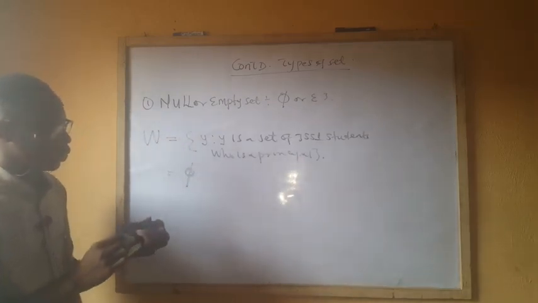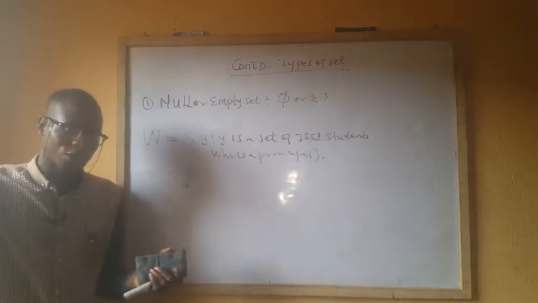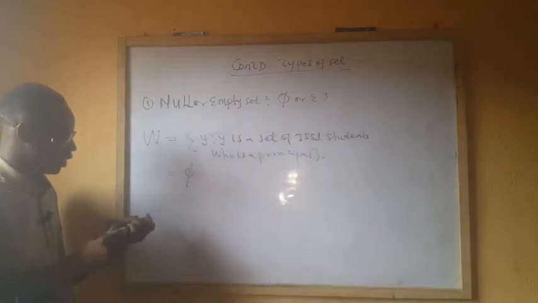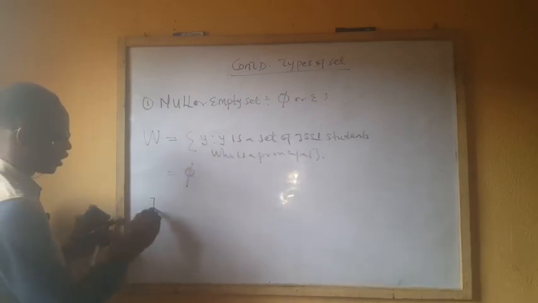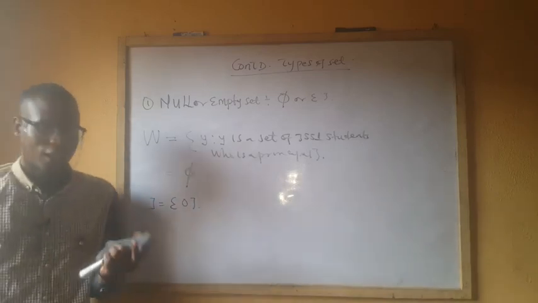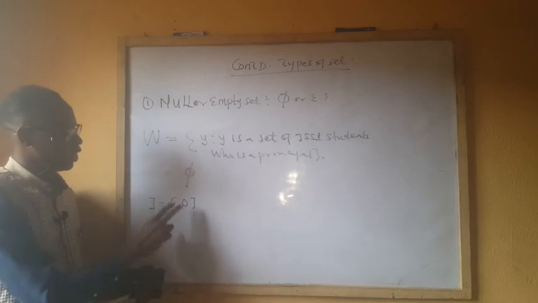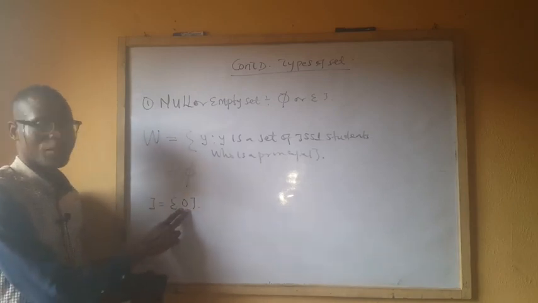Okay, but I want you to take note of something here. Let me give an illustration of what I'm saying. Let's say we have a set J having 0 as its element. Now this set J will not be regarded as a null or empty set because it is having an element, and 0 is an element here.